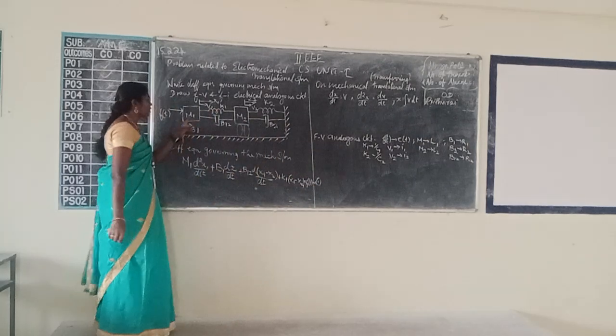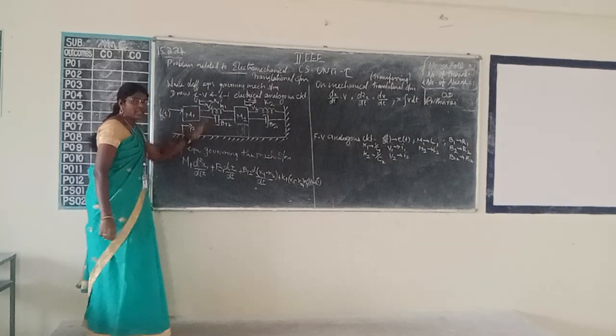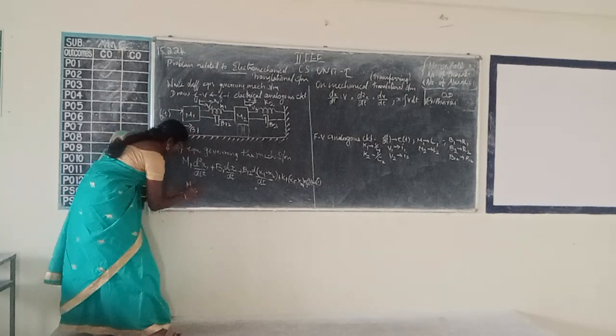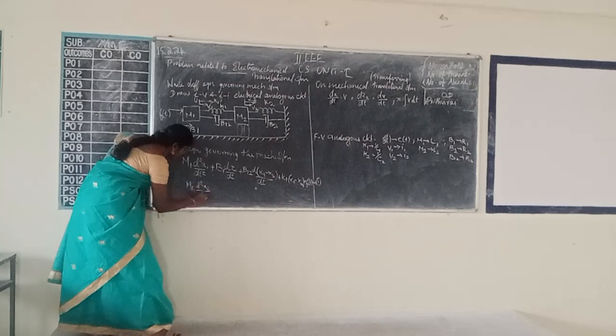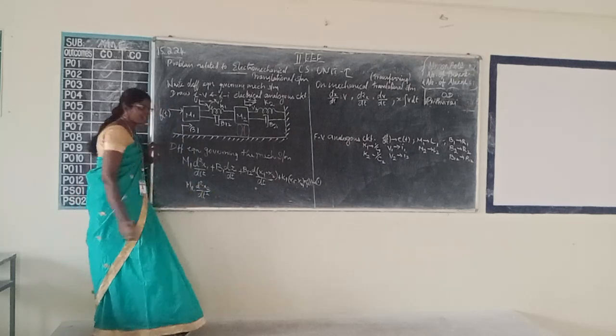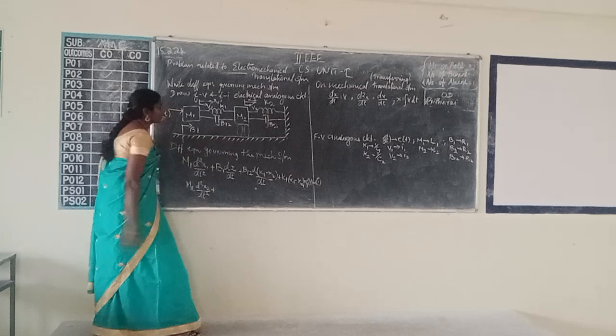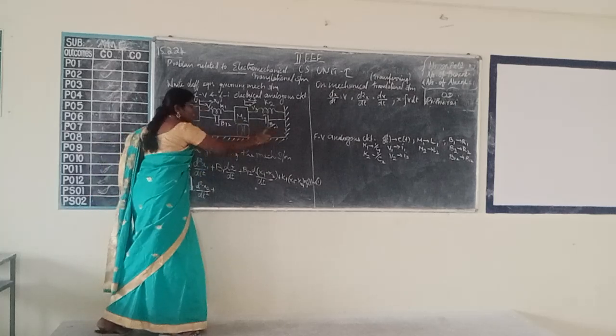And likewise, the differential equation governing the second mass. We will have to write it as M2 d square x2 by dt square. The output is x2 here. Plus the dashpot individual to mass M2 is d2.